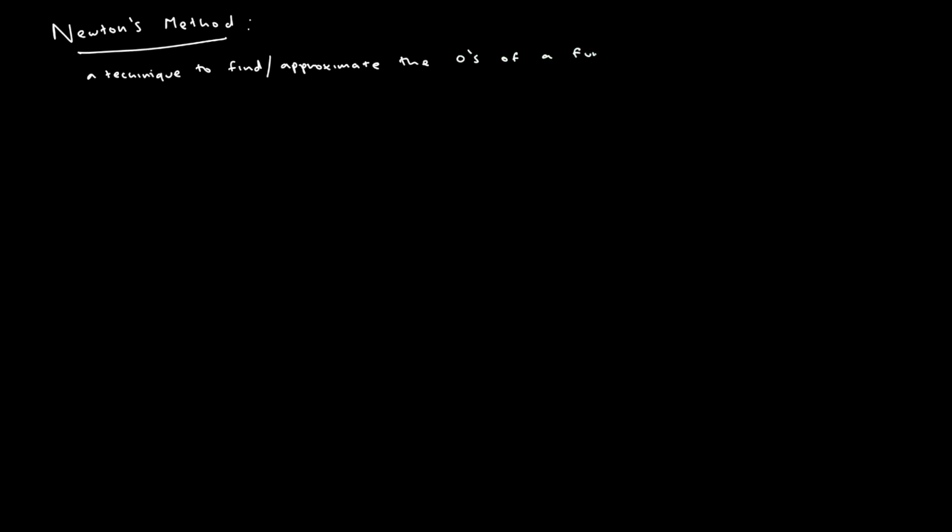In fact, a lot of the root finding tools out there use Newton's method to find the root of arbitrary functions. And this technique actually utilizes linearization. So now we'll see a cool application of linearization.